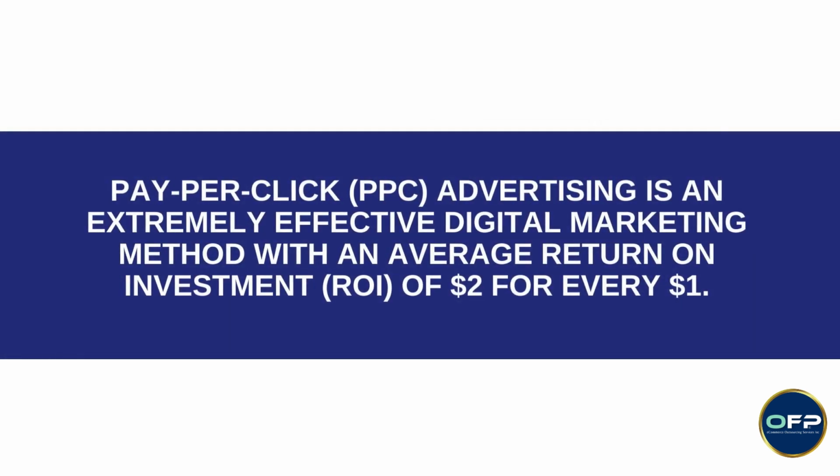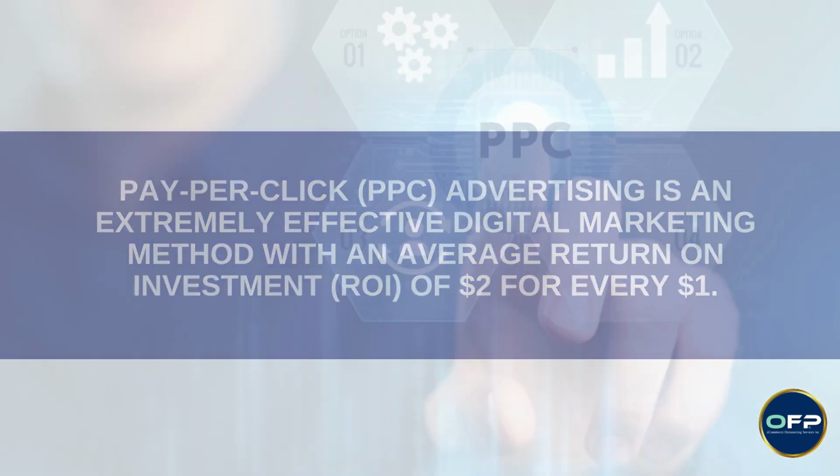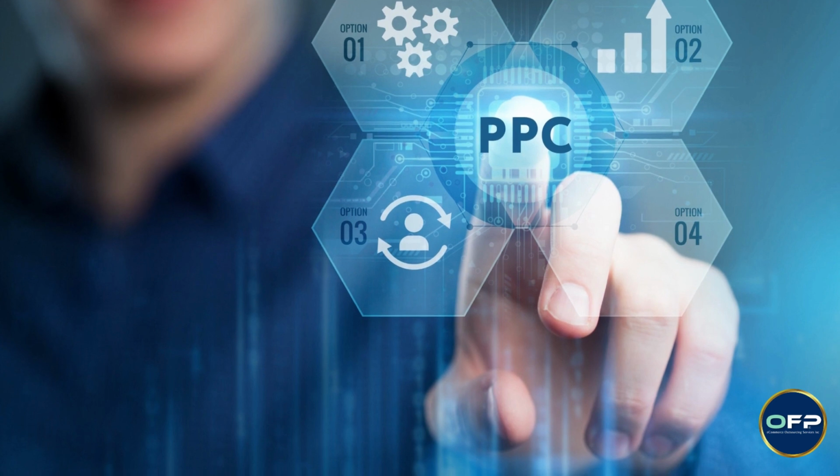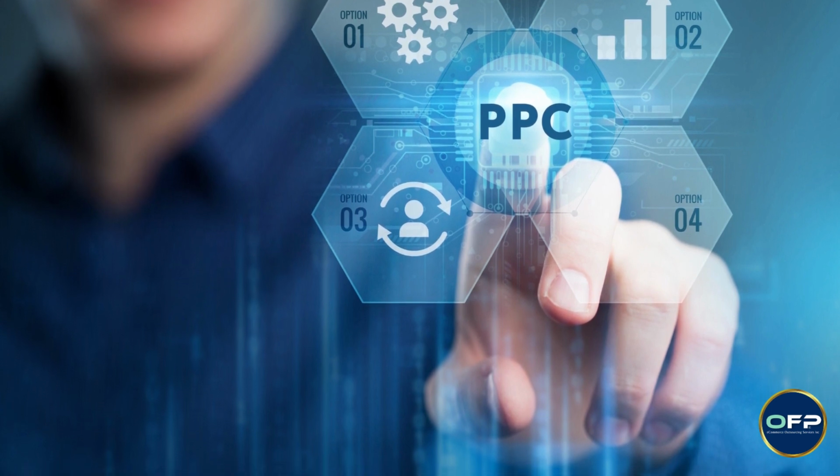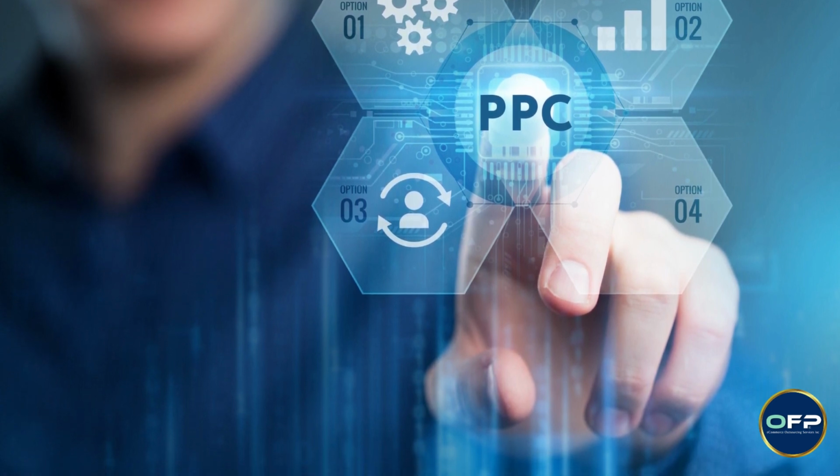Pay-per-click, PPC advertising is an extremely effective digital marketing method with an average return on investment, ROI, of $2 for every $1. It allows you to place ads at the top of search engine results pages, on social media sites, and on various other websites.